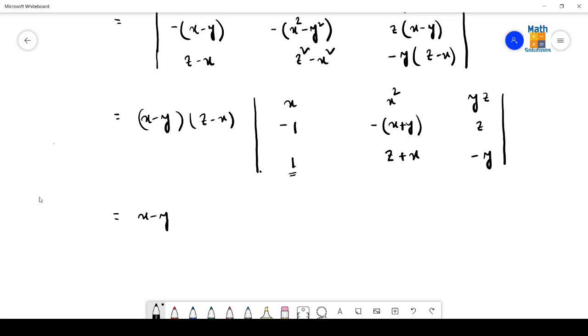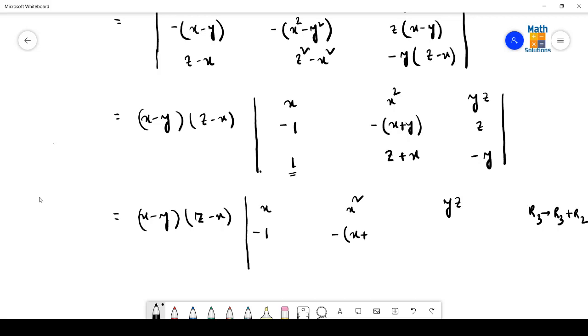Taking these two terms as they are, z minus x, the change I shall make here is R3 replaced by R3 plus R2. So the corresponding entries are x, x square, yz, then minus 1, then x plus y, then z.